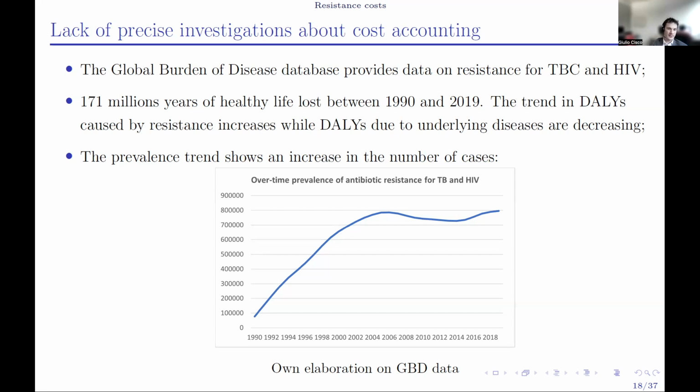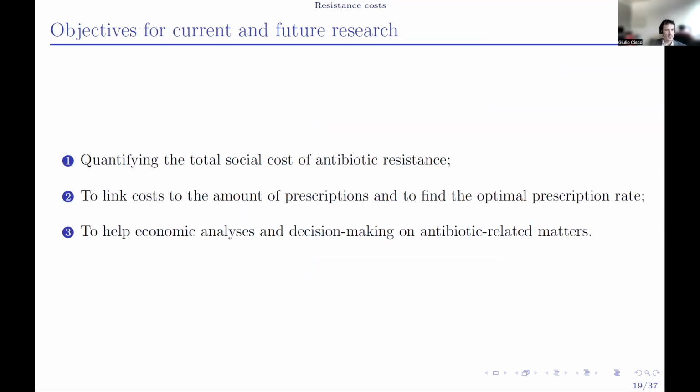And here we have a graph of the prevalence. We can easily see that the trend in the last 30 years went up a lot, starting from a very low number. And so, as I said, it will be a problem that will even rise in the next few years. So this is basically the state of the art of what we have available.